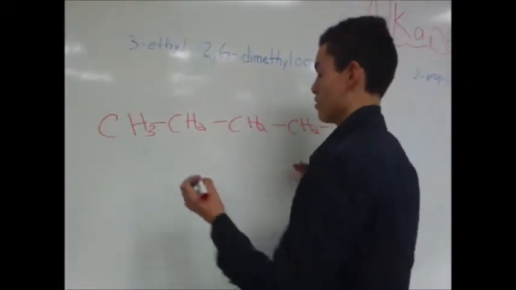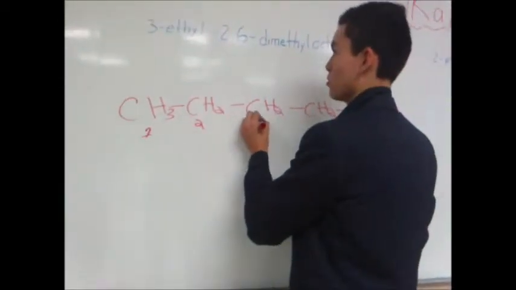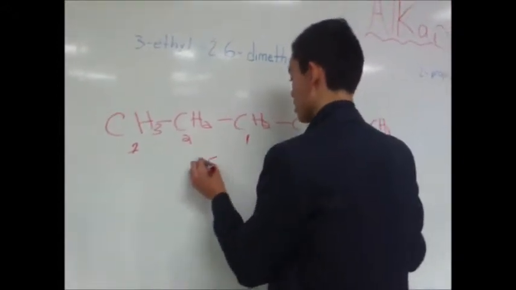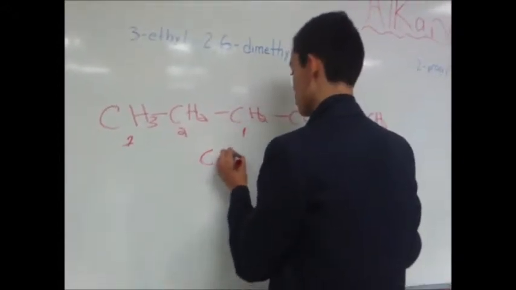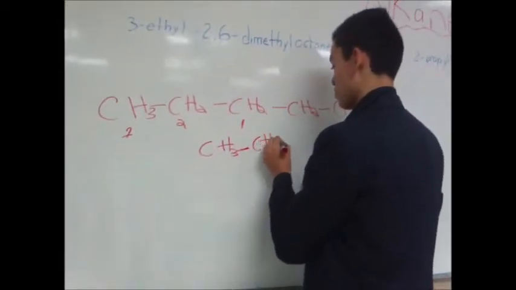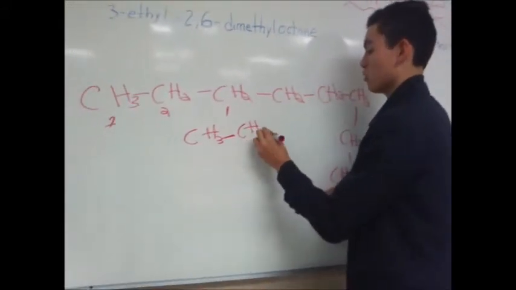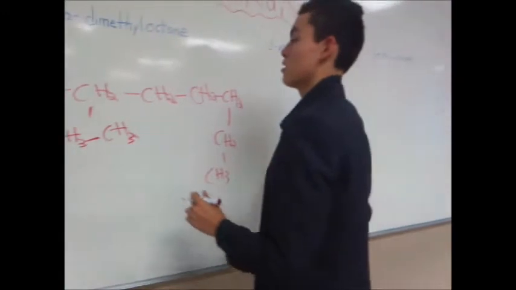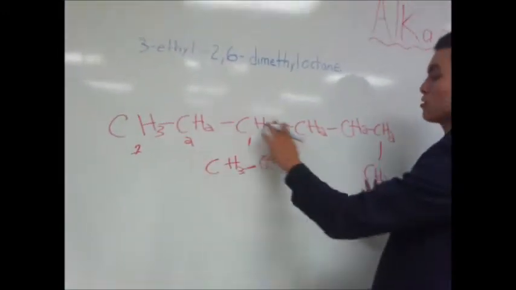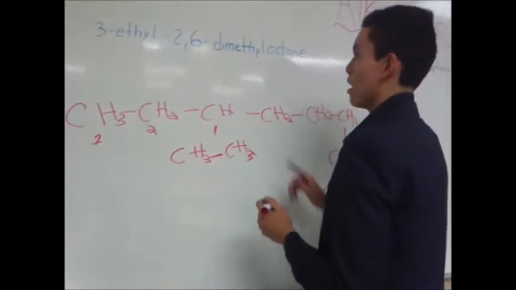I will draw that. There's 1, 2, and 3. I will put the 3-ethyl. Ethyl means there are 2 carbons, so it will be CH3 CH2. Carbon 3 needs 4 bonds, so it has 1 hydrogen. And on carbons 2 and 6 I will draw a methyl.